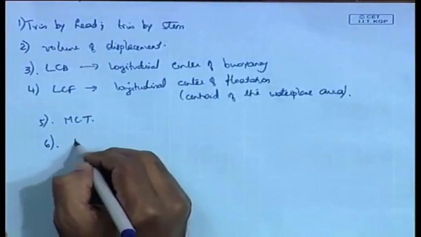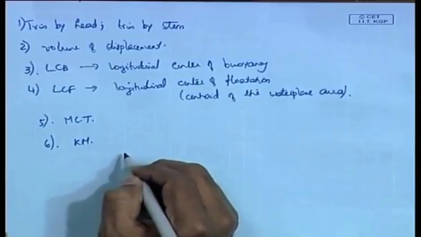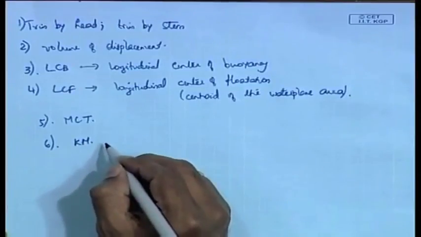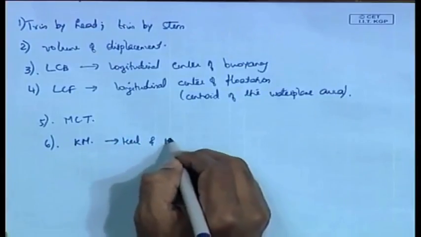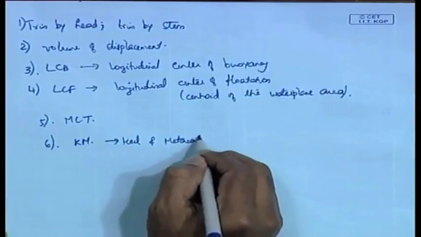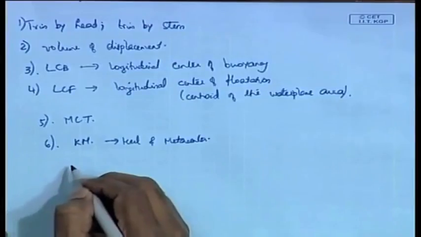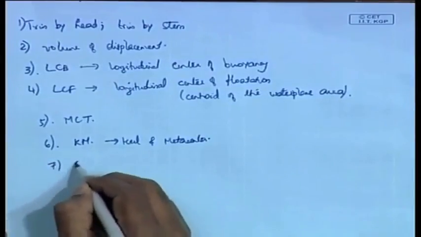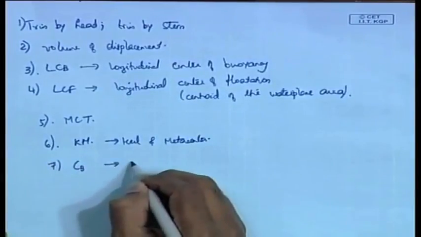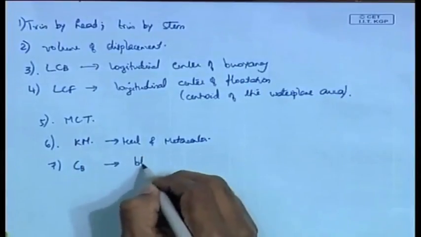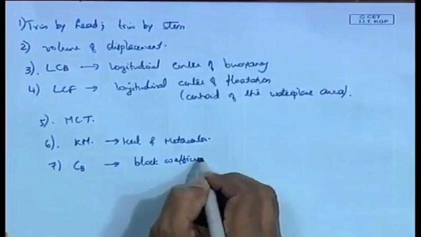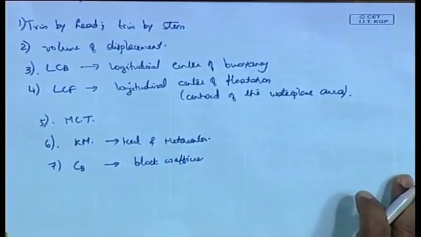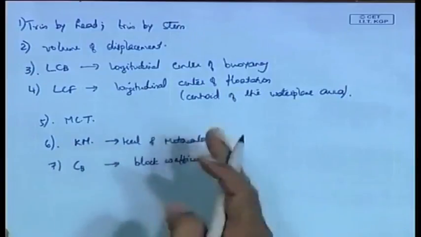Then we have KM, which is the distance between the keel and metacenter. Then CB, this is the block coefficient. Then a couple of other coefficients like CM, CW, etc., the water plane area coefficient, the midship section area coefficient, and so on.